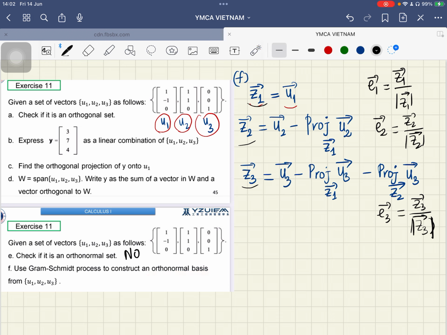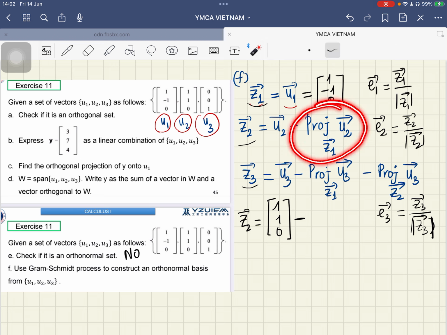We have Z1 is equal to U1, and U1 is equal to 1, -1, 0, right? And Z2 is equal to U2, that is 1, 1, 0, minus the projection of U2 onto U1.